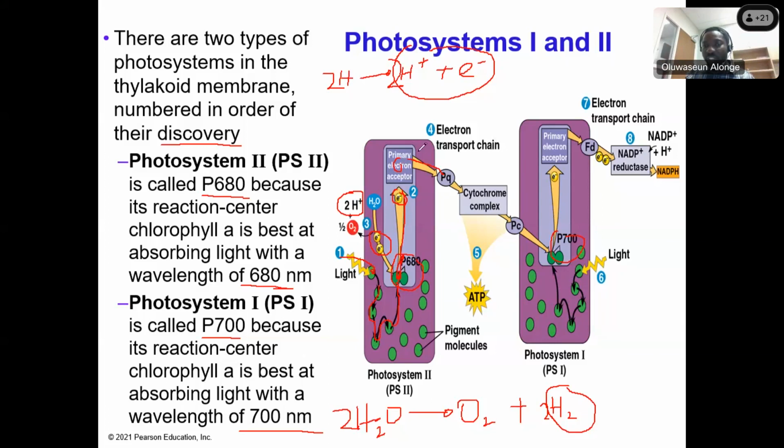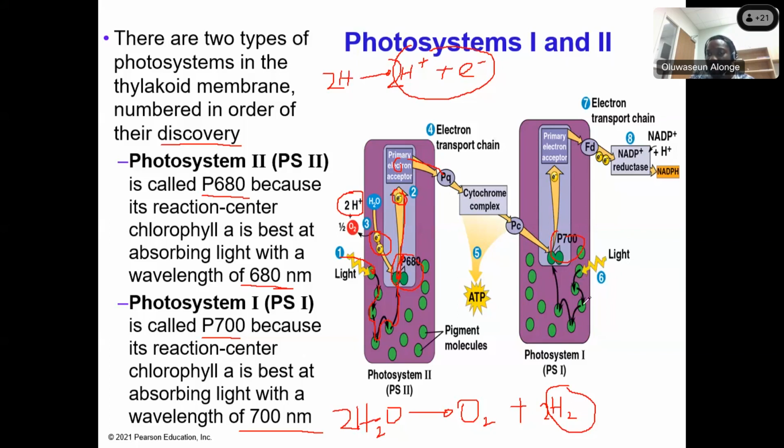It is so that it can replace the electron that was lost at the reaction center of PS2. This electron that has been lost is going to travel through this chain, just like an electron transport chain. But this chlorophyll has to be stable. It can't remain unstable. So that was what necessitated the splitting of the water molecule, so that it can help to replace the electron that was lost here. Next, this electron is going to travel through these protein complexes, and you know what's going to happen? When it travels through here, photon light is also going to hit this reaction center.